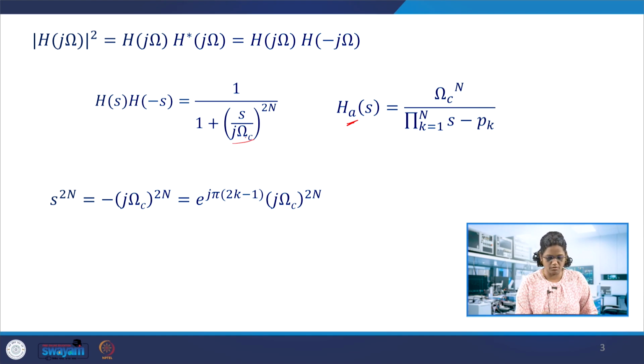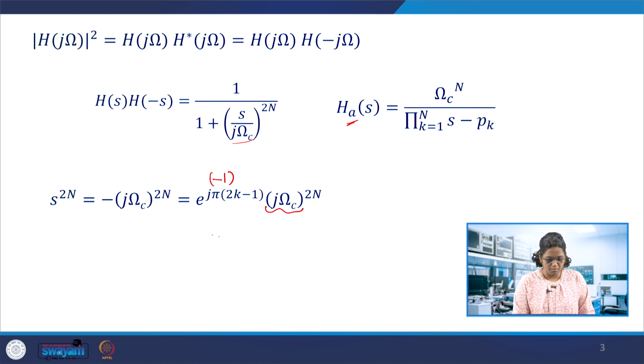If you cross multiply and equate the denominator to 0, we get s power 2n equals minus (j omega c) power 2n. The minus 1 part can be written as e power j pi (2k minus 1), with 2n roots, which gives n poles, and the mirror image poles belong to H of minus s as well.